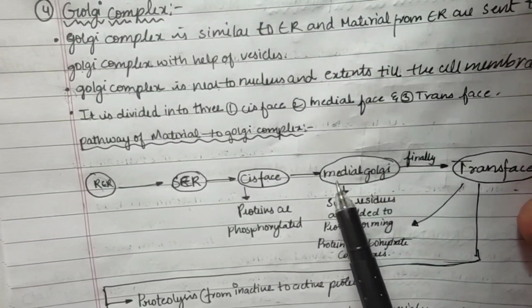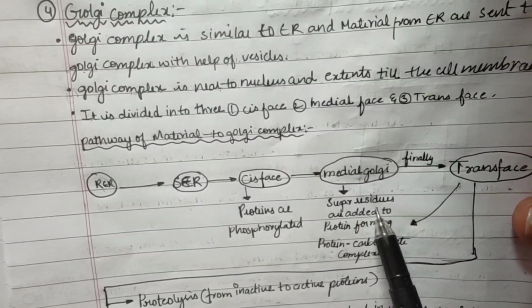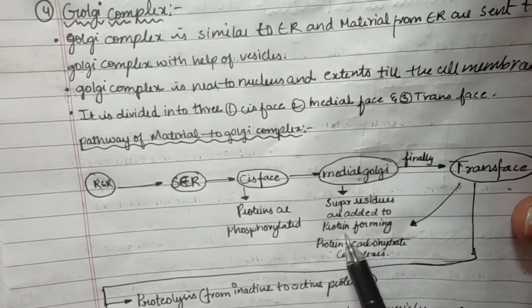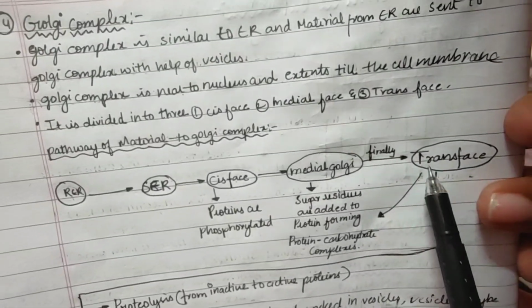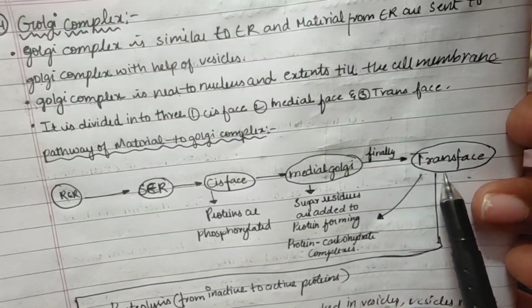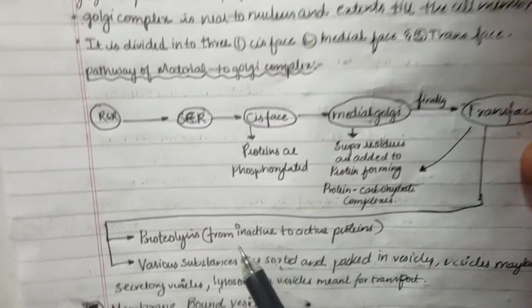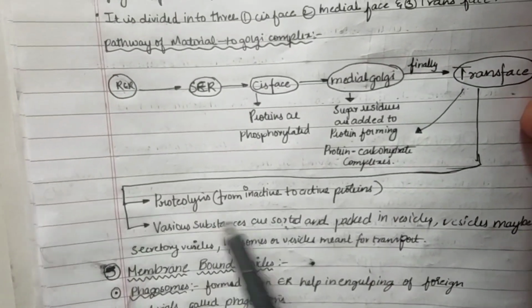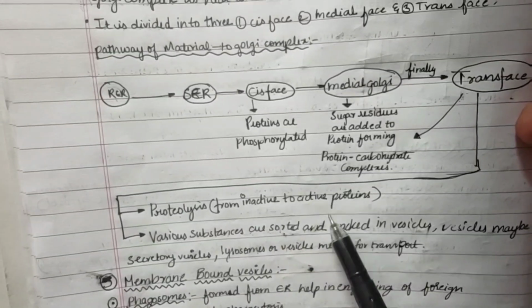Then the medial Golgi complex. Here the sugar residues are added to the protein, forming protein carbohydrate complexes. Now finally the trans phase. In the trans phase, sugar residues are also added, and the function when it reaches the trans phase is proteolysis, that is, they convert inactive proteins to active proteins.